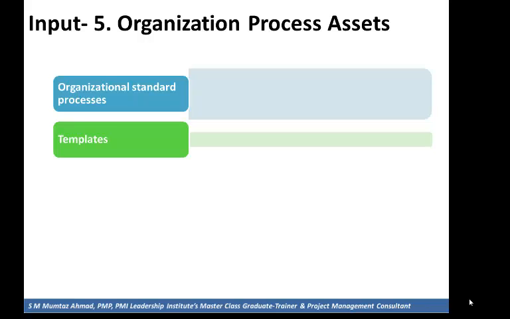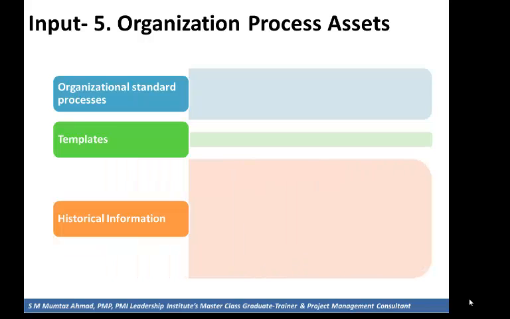Templates such as project charter templates. Historical information. This is a record of past projects. It is used to plan and manage future projects, thereby improving the process of project management.